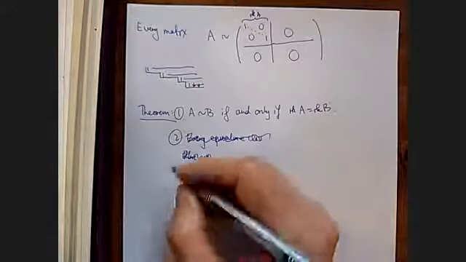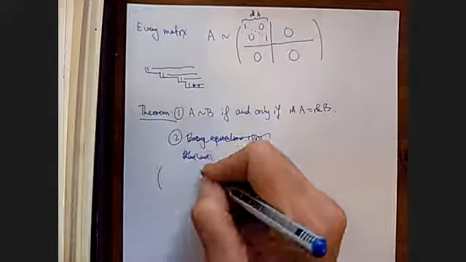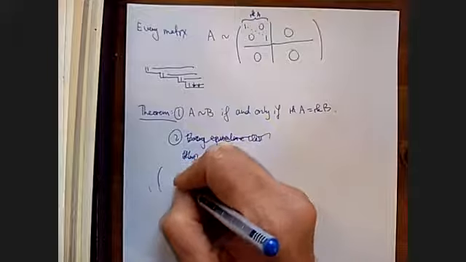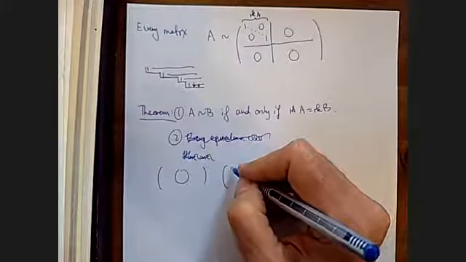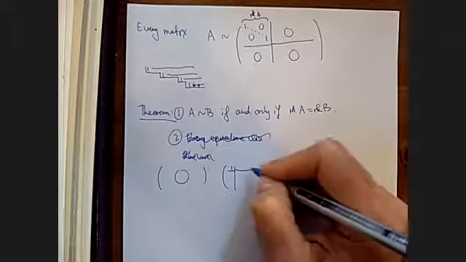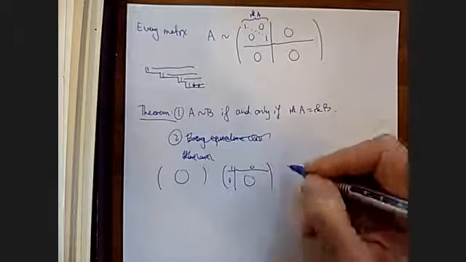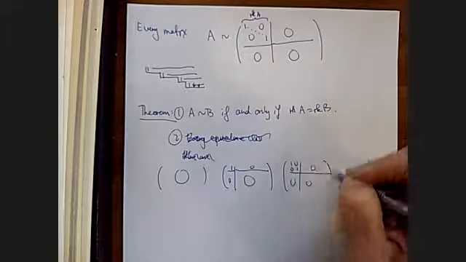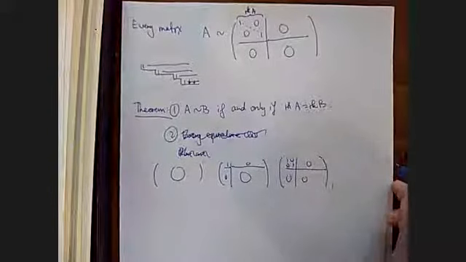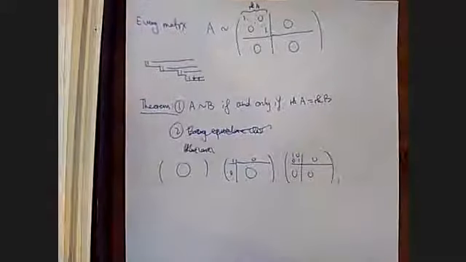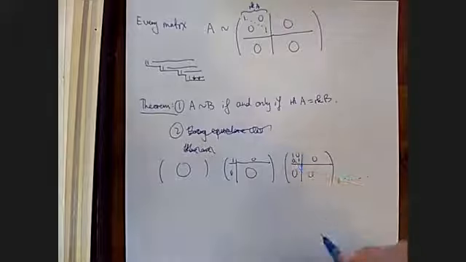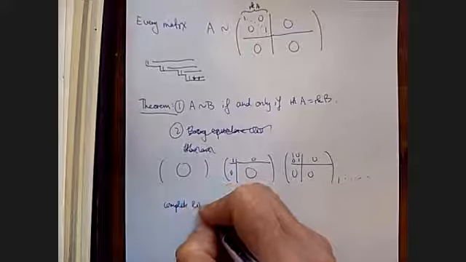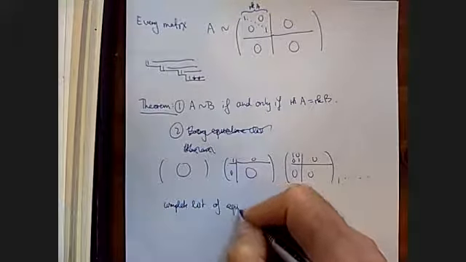So here, in some sense, here's a list. We have the zero matrix. Then we have a matrix with a 1 here, and then 0, 0, 0. Then we have a matrix with... so this is a complete list of the equivalence classes.